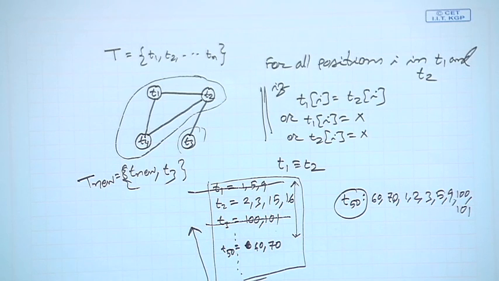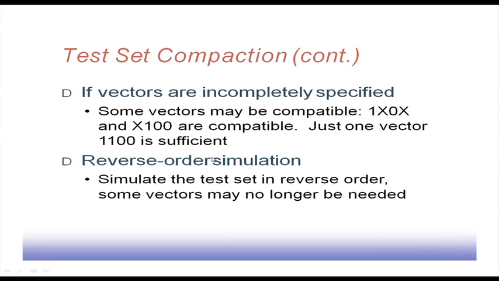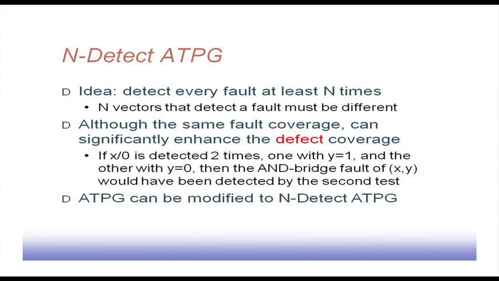If we do a reverse order fault simulation, it may be possible to drop some of the previously generated patterns from our consideration. This is the reverse order simulation: simulate the test set in reverse order, and some vectors may no longer be needed. That way also we can reduce the test set. This is the test set compaction.